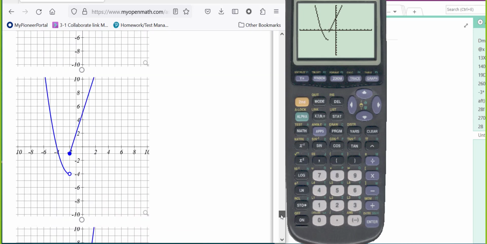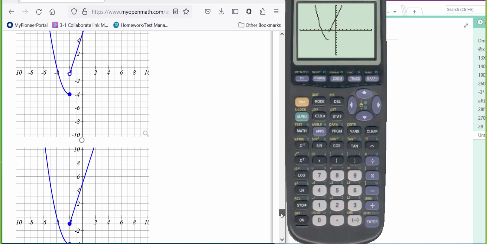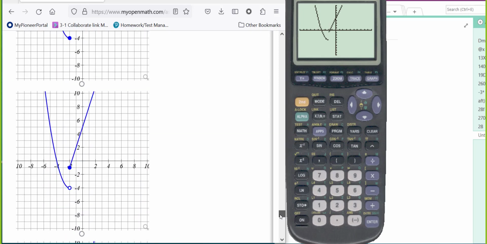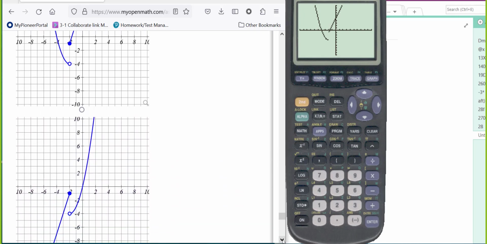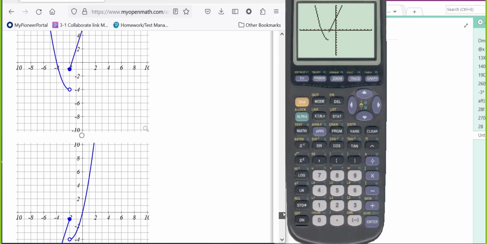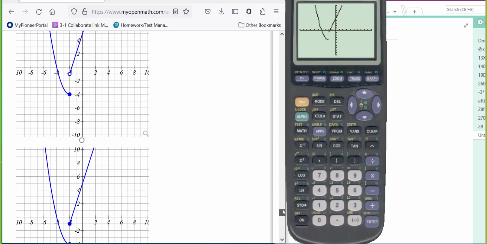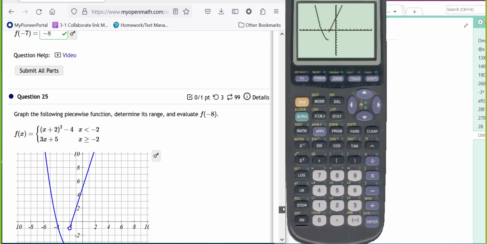Let's go down to the next one. This one has an open circle with the parabola, so that is not right because we said it's getting closed. And this one doesn't look like our picture at all. So choice number 2, and we'll look back and verify.